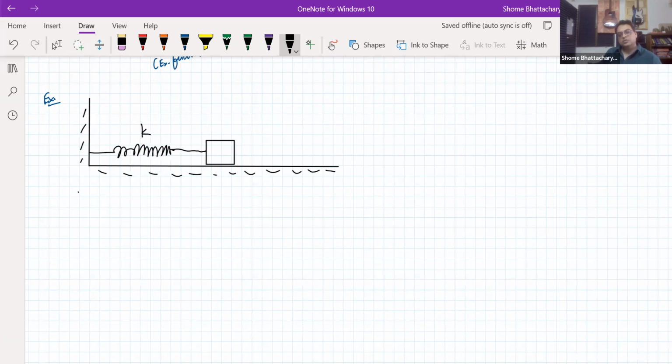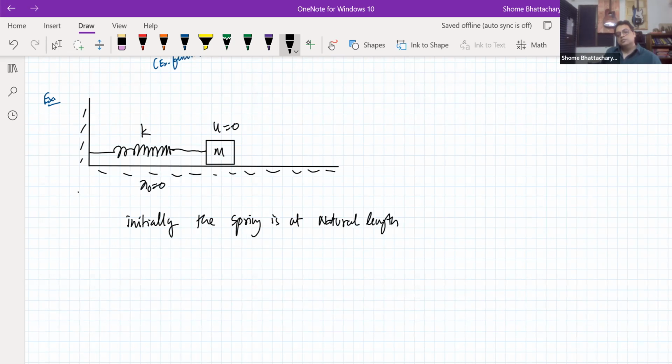Okay, so initially the extension of the spring is 0. Initially the spring is at natural length. So its extension is 0 and the block is at rest.